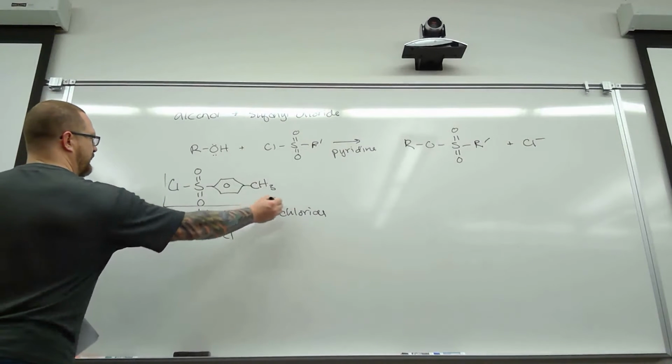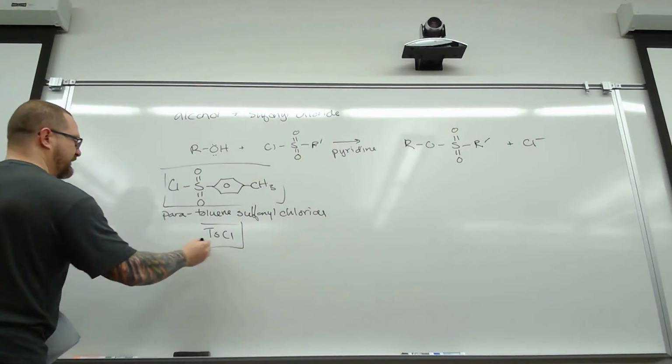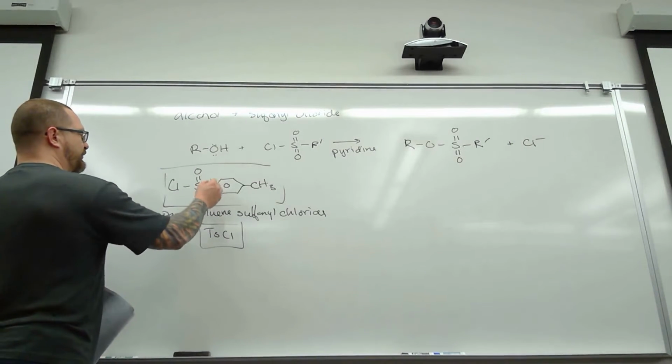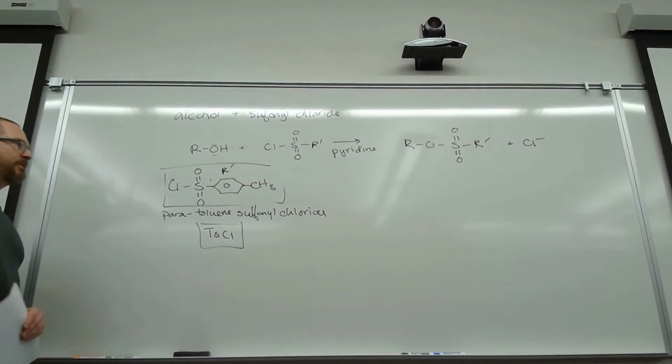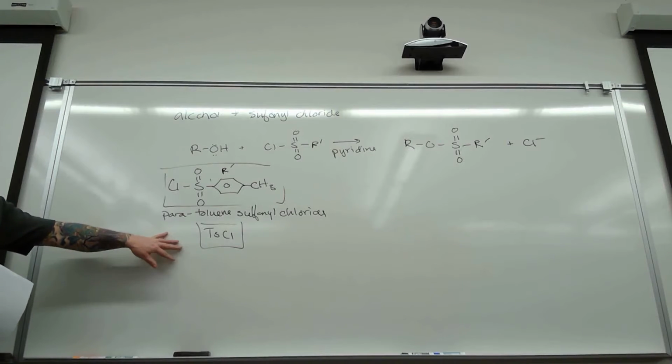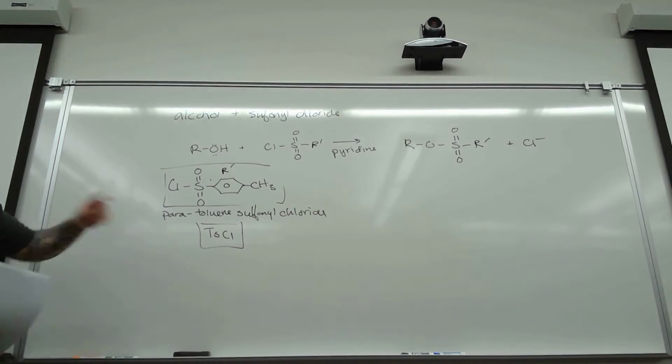Instead of drawing this whole thing, you can just say tosyl chloride, and that's fine, because you don't need to memorize the individual R groups which differentiate all of these different sulfonyl chlorides. This one's super commonly used, very effective.